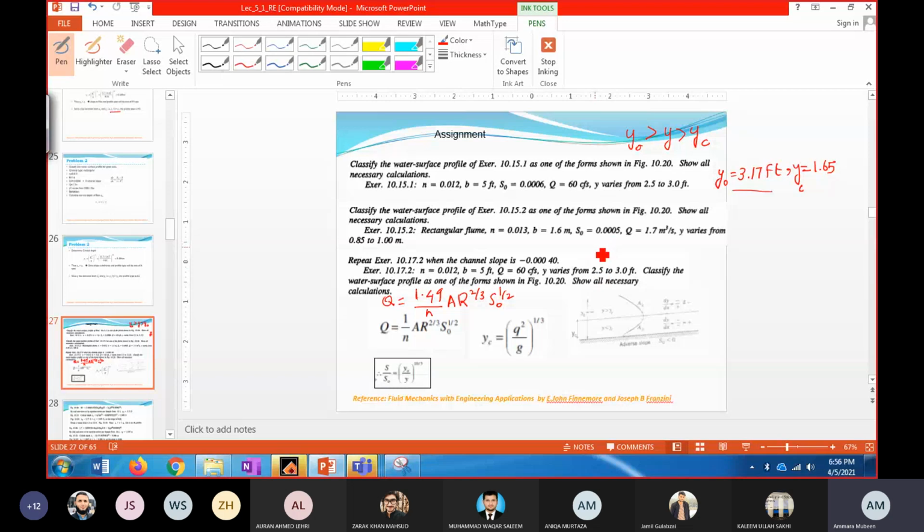Just please write down the given parameters, and you can do it after the class, or when I finish the topics I have to cover today. So just write down the given parameters for both of these questions, and this would be considered as your assignment number 2.